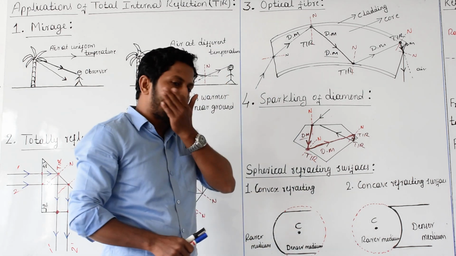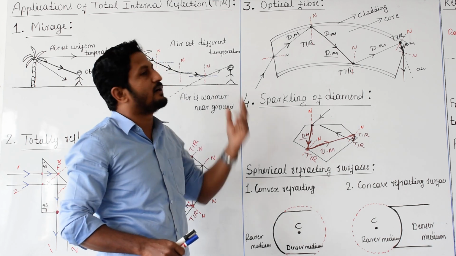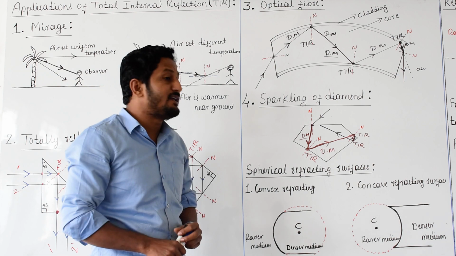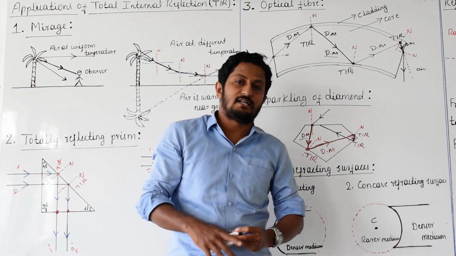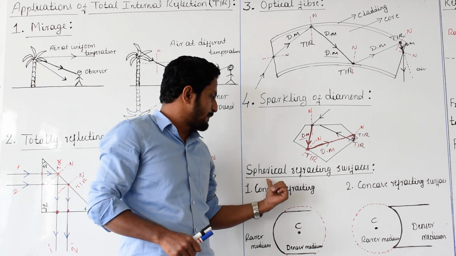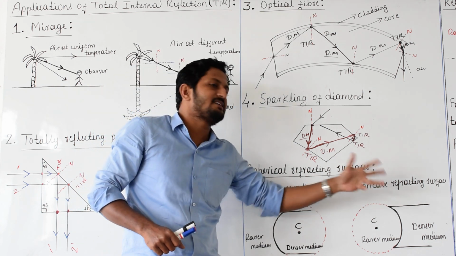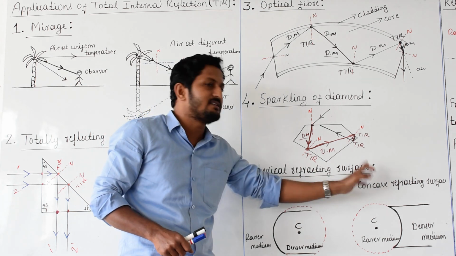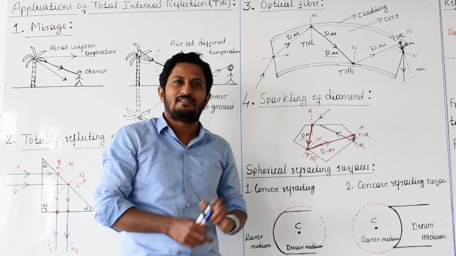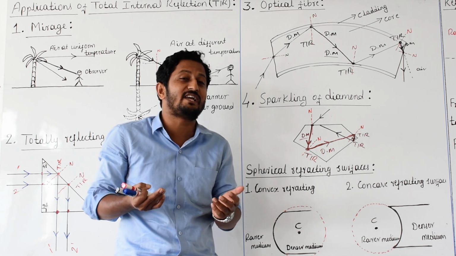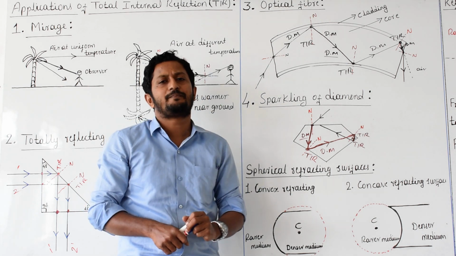Now after discussing TIR, we are entering one more concept. See, we call it spherical refracting surfaces. These are also refracting, but their surfaces look spherical.